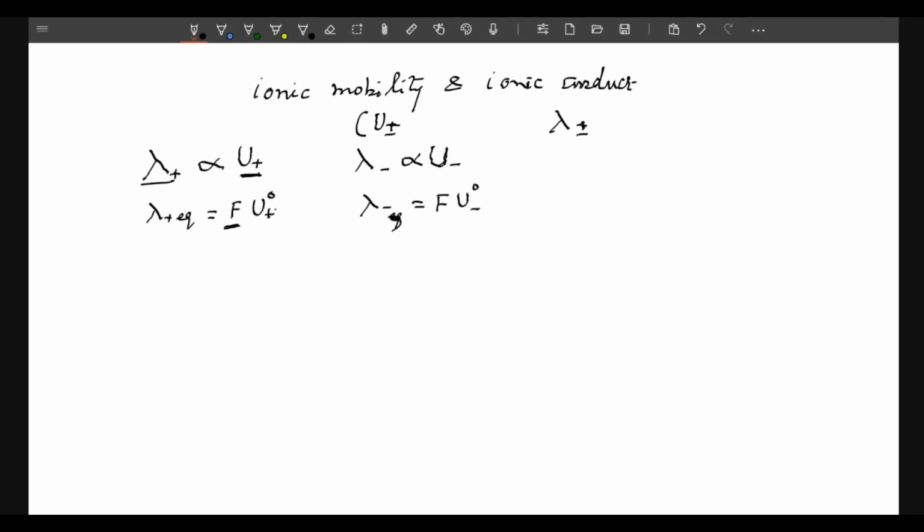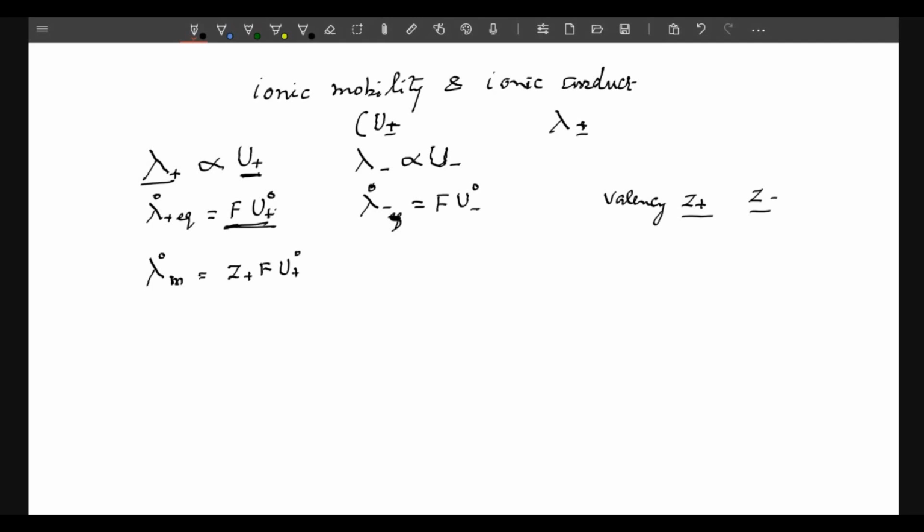But if Z is the valency of the ion, Z plus and Z minus, the equivalent conductance may be converted into lambda naught, the molar conductance, which is equal to Z plus into F into U plus naught.